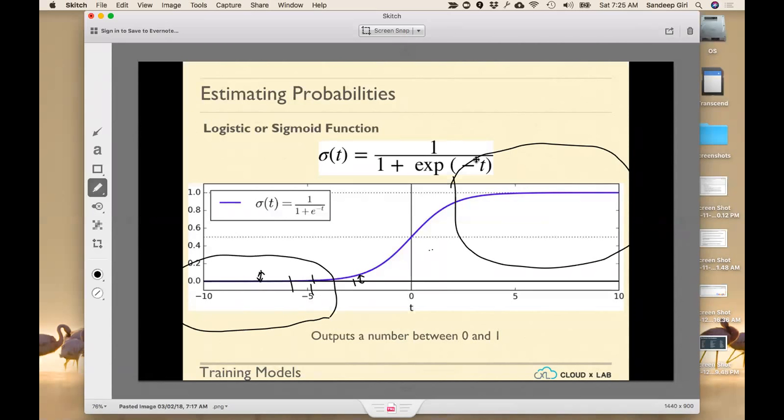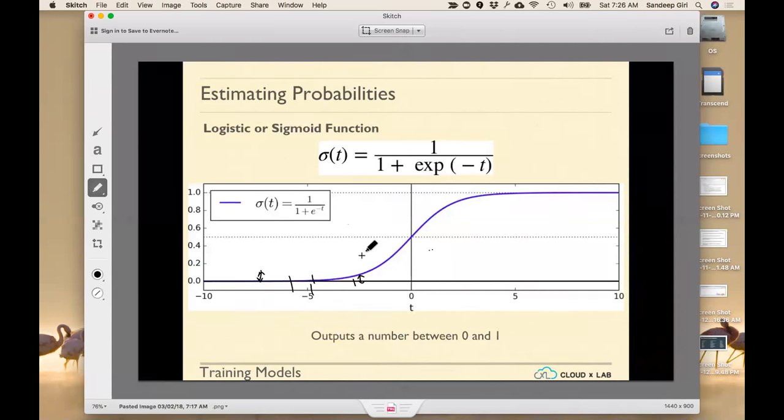So here, let me just think of some of the functions. What can we do? Let's say if t is going negative, then this will be here. I think we can come up with more such functions. If something is really negative, then it should go to 0 and so on, right?